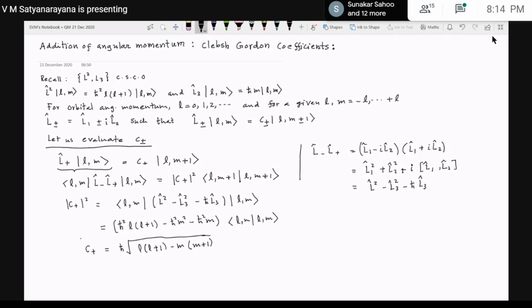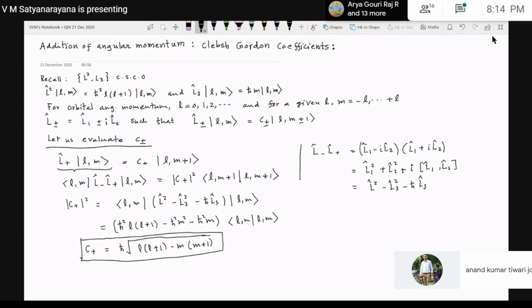Okay, so this is the coefficient for this one. So we can write down this particular equation with this coefficient.